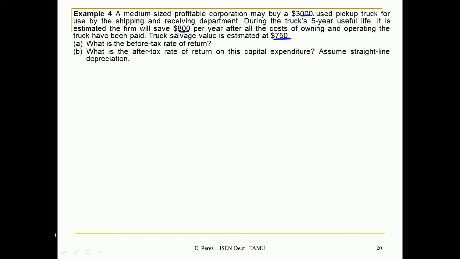So let me draw the cash flow diagram first. For this problem, we have an initial investment of minus $3,000, and then we have some savings for a 5-year period: 1, 2, 3, 4, and 5.